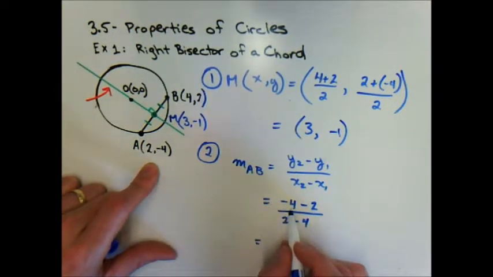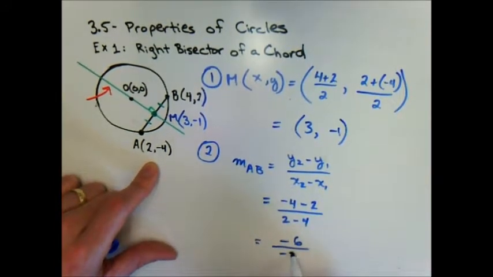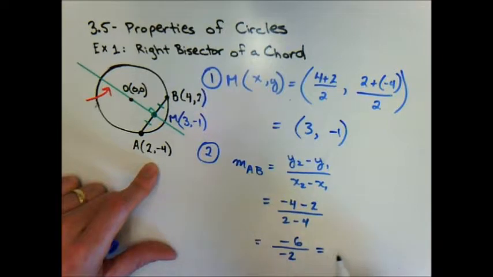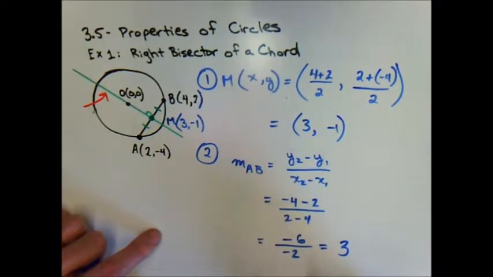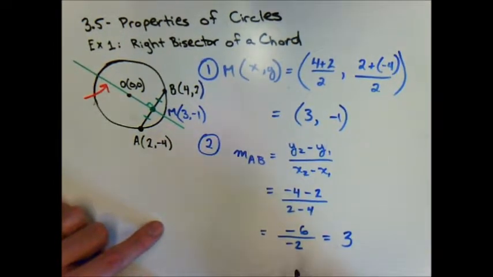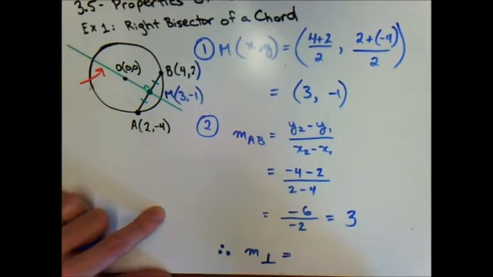Negative 4 minus 2 is negative 6. 2 take away 4 is negative 2. So this reduces: negative 6 divided by negative 2 is positive 3. Okay, and a negative divided by a negative is a positive. 6 divided by 2 is 3. If this is the slope of AB, therefore, the slope of my perpendicular bisector is going to be what?